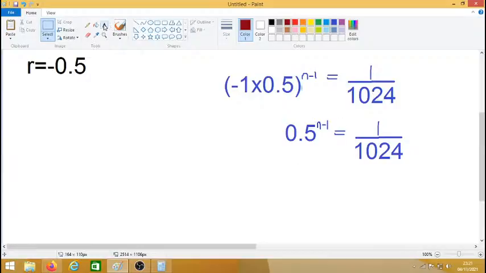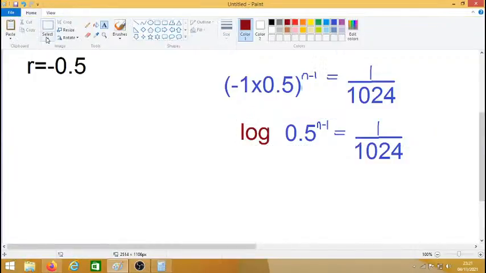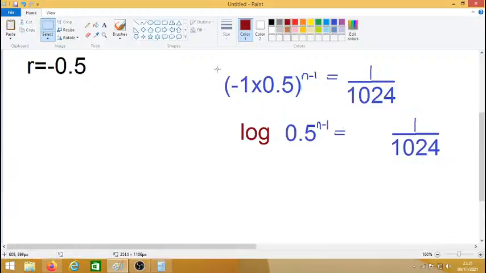Now I can go ahead and do what I did before, which is take logs. So take a log of this side, take a log of the other side. Since you've seen this before, you should be able to guess what comes next. Once you apply log to both sides, what does come next? It's called bringing down the power.